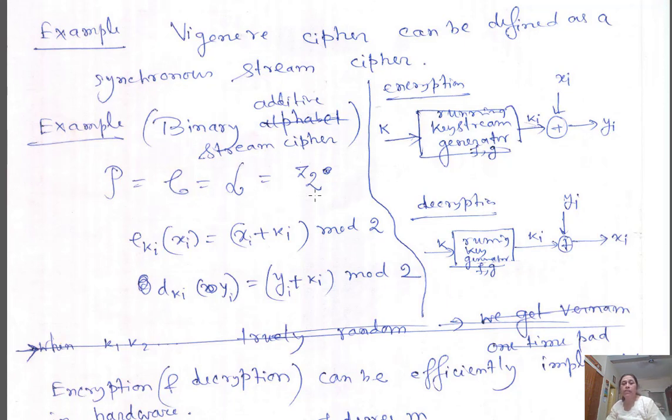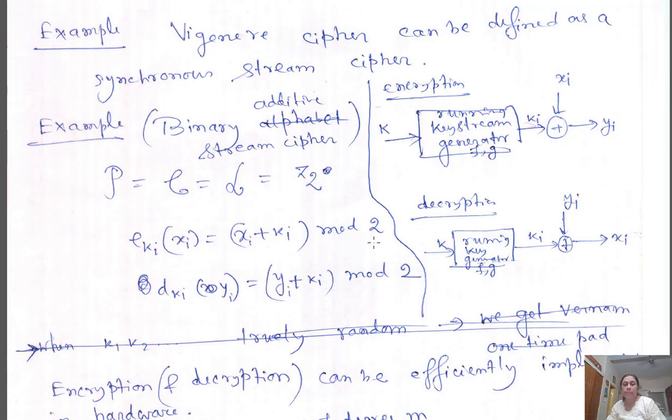All are Z2, so elements consisting of 0 and 1. And encryption is simply bitwise XORing, this means Xi with Ki. This Ki is the ith bit of the key stream, and Xi is also a bit. So this is the binary additive stream cipher.